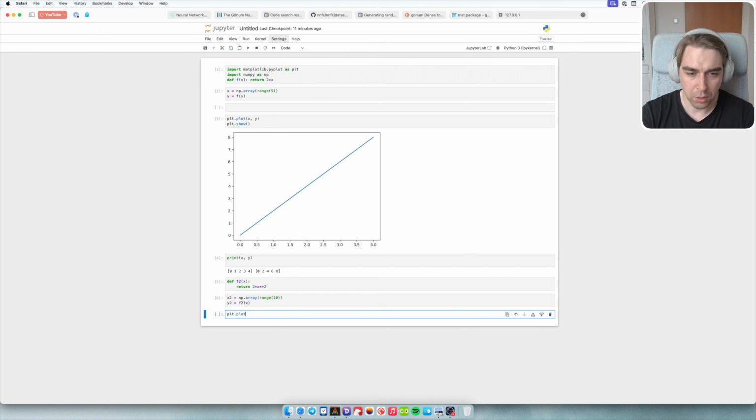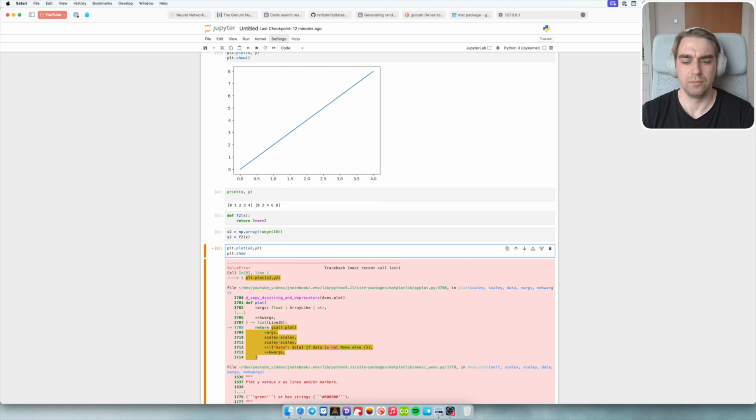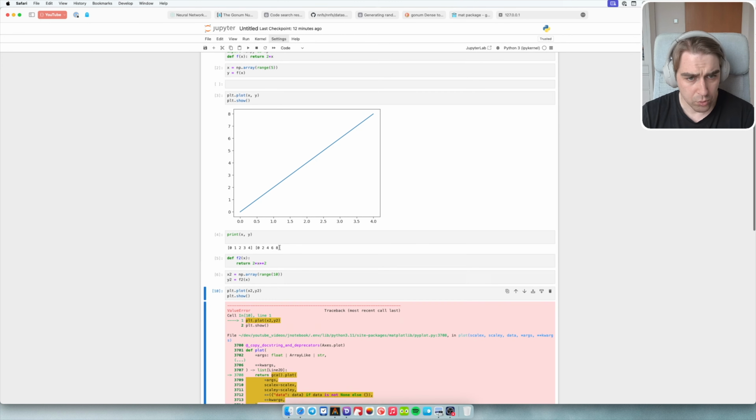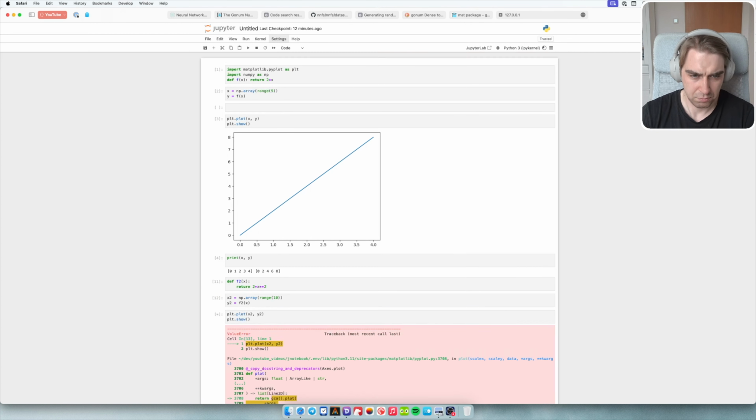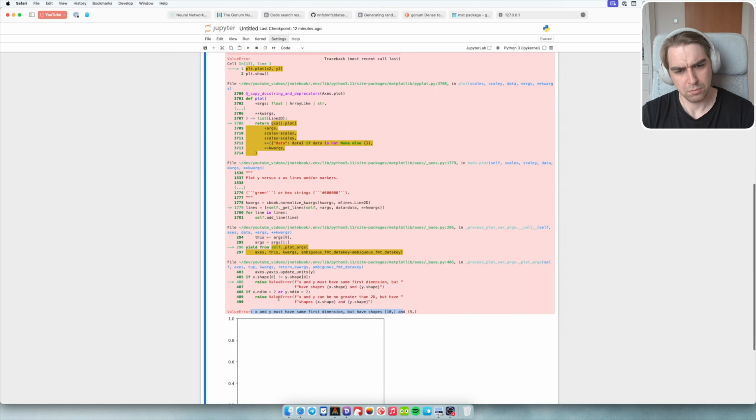Then we plot x2 and y2, right? x and y must have the same first dimension, but they have shapes 10 and 5.